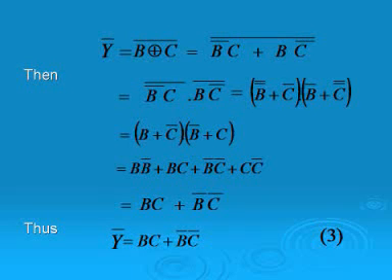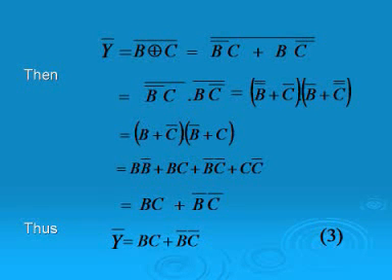Using De Morgan's theorem, this is equal to (B bar bar plus C bar) into (B bar plus C bar bar). Now we know B bar bar is equal to B, and similarly C bar bar is equal to C. Thus, we can write Y bar is equal to (B plus C bar) into (B bar plus C).